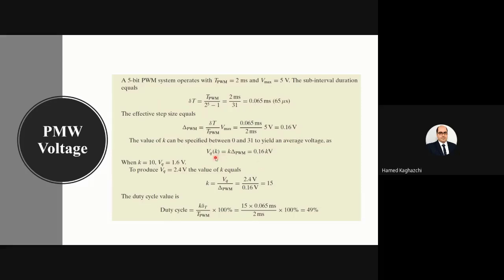Again, according to the quantized value, the average value of PWM, with multiplying K by delta, I can find the quantized value. If we suppose that my K is 10, now the quantized value will be 1.6 volt. Now, we want to find that at each K, our system will produce 2.5 volts.